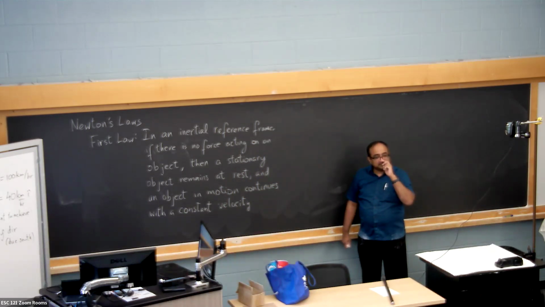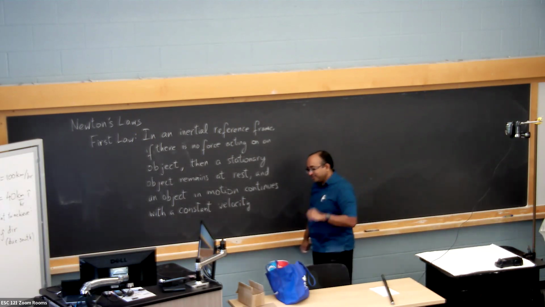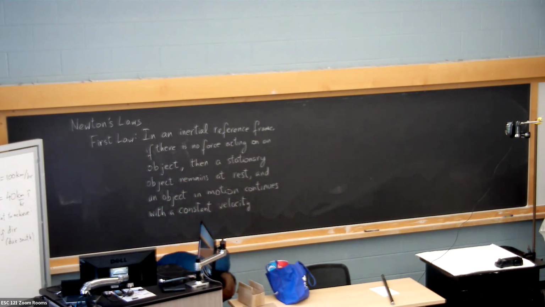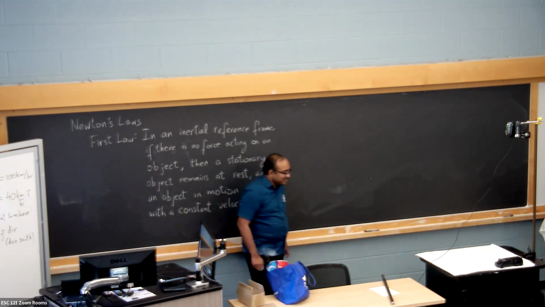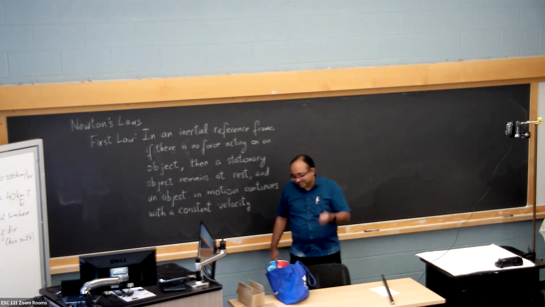Yes. If the box is falling with you and you drop it, so it looks like it's still floating because you're both going with gravity, that would not be inertial. So, you've hit upon a very deep question. We won't go into detail on that, but basically Einstein asked that same question.